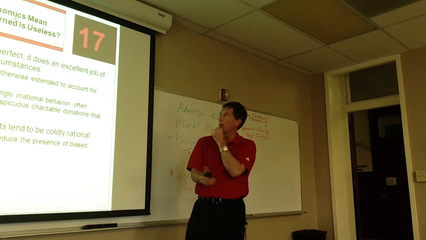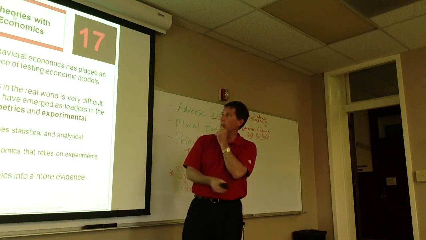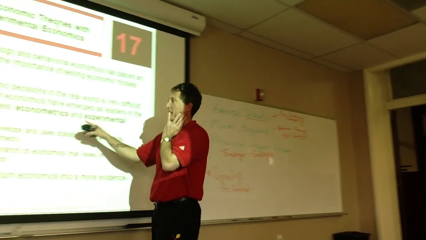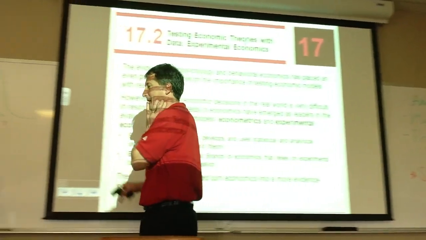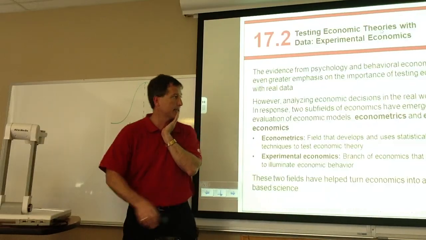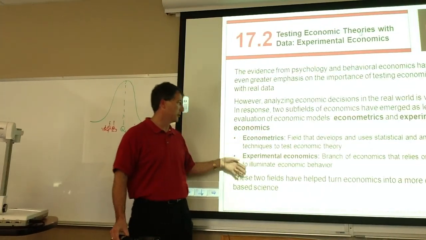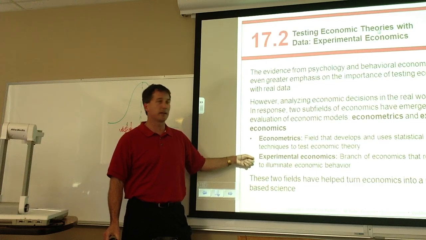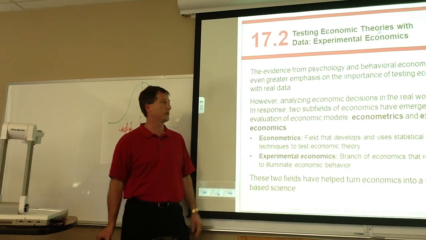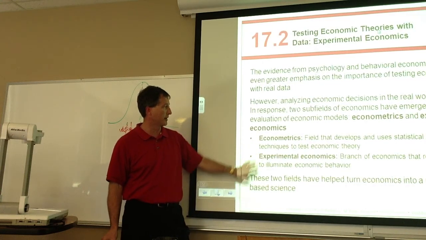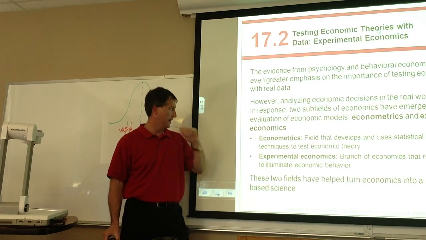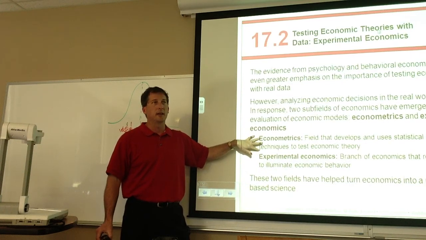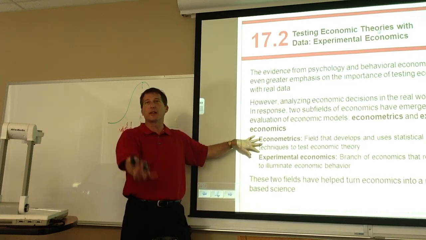And our normal way we have collected data prior to experimental economics, by the way, Vernon Smith is the guy who is known as the guru. He's a Nobel laureate for his work in developing this relatively new field, probably one of the newest fields in economics. So econometrics was the standard thing that everybody did.